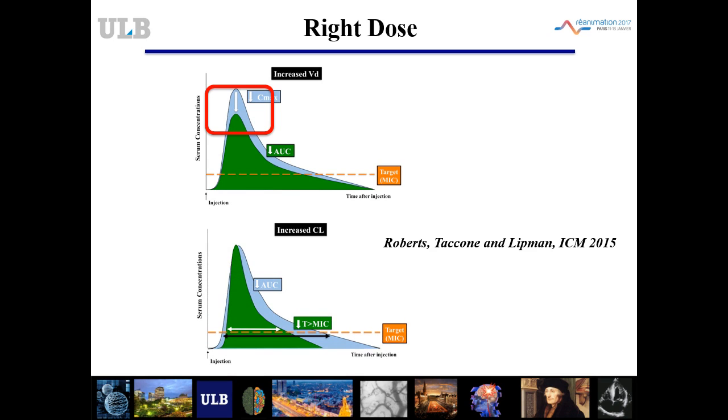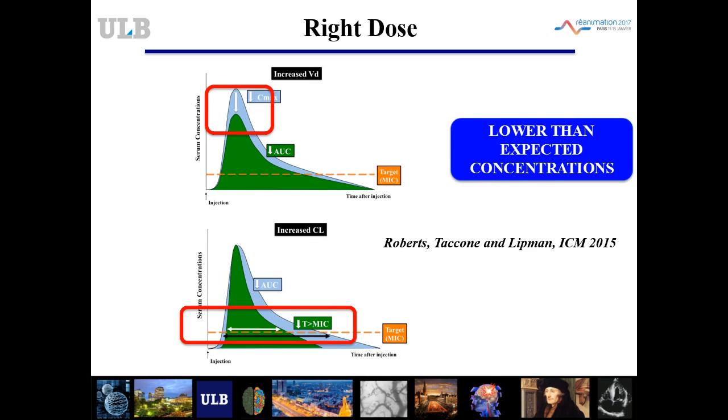The time the drug concentration exceeds the MIC of the pathogens will be lower. Is it important? Yes. Beta-lactam effectiveness depends on the time above the MIC. This is why we give it 3-4 times a day. In other words, at least in the initial phase of therapy, because of these changes, you will have lower than expected concentrations when starting a drug regimen.